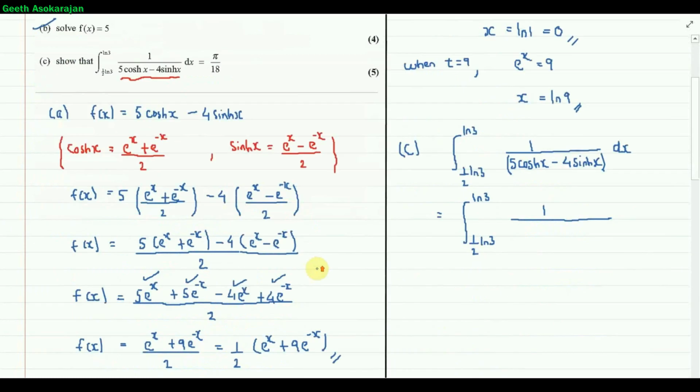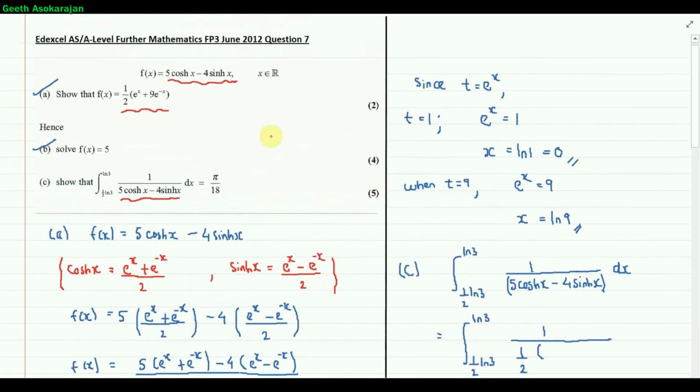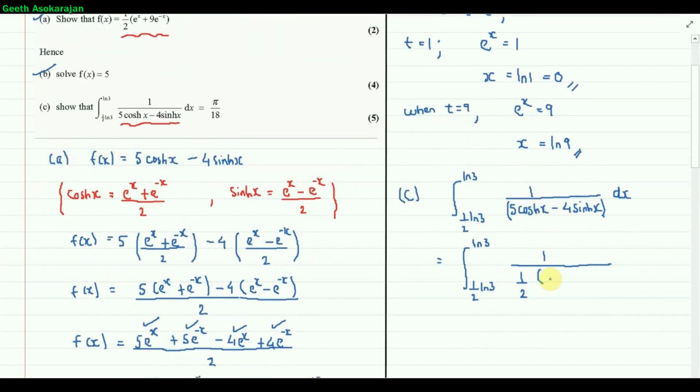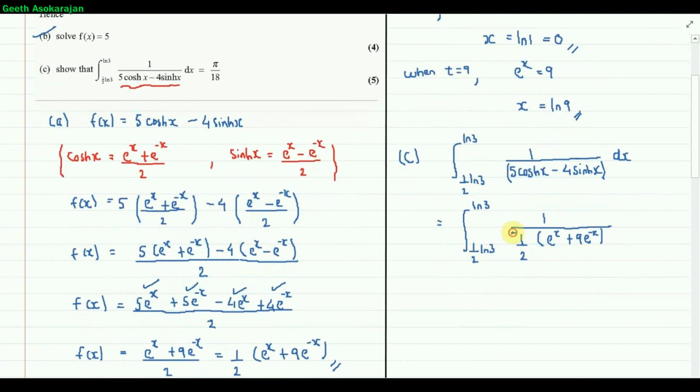So we have a half, open a bracket, and we have e to the x plus 9 e to the minus x. So this is what we have below. And we're integrating with respect to x.